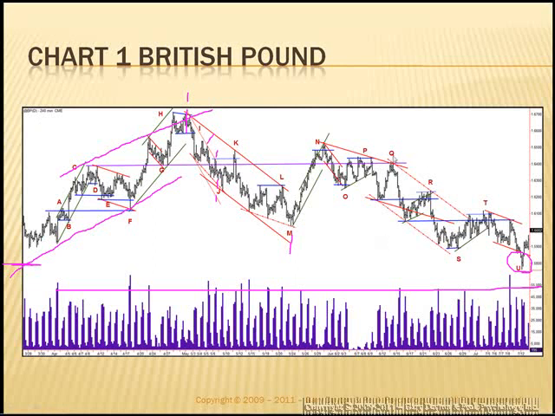So the idea here is to help you see that classic trend lines help you identify the structure of the market. In each instance, they tell us what the market's doing. Is it going sideways, up, or down?